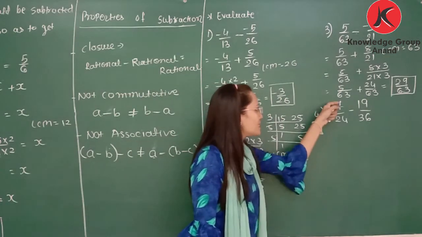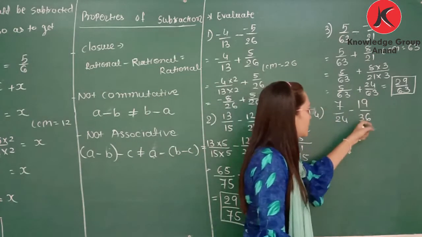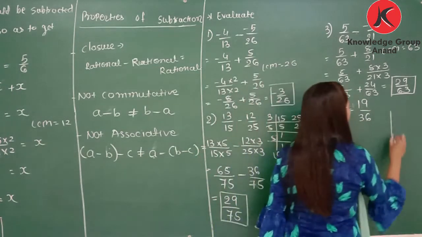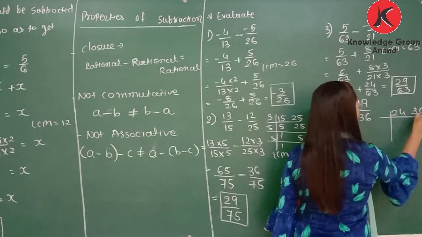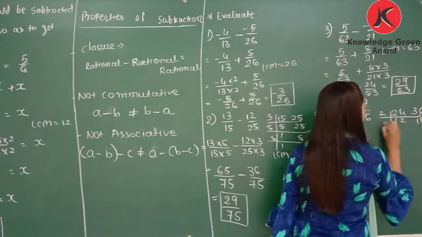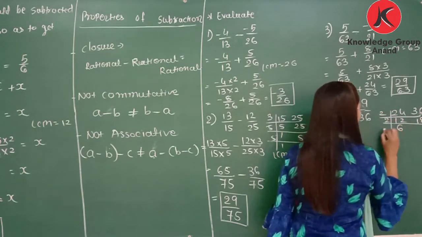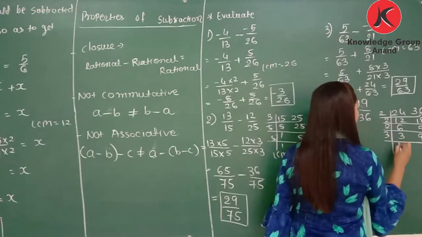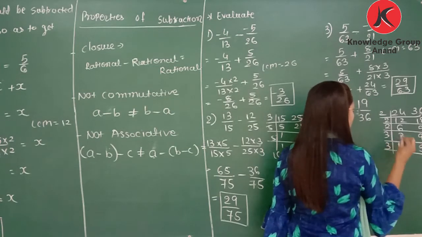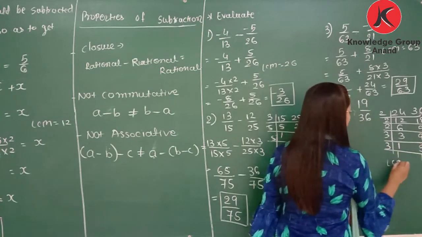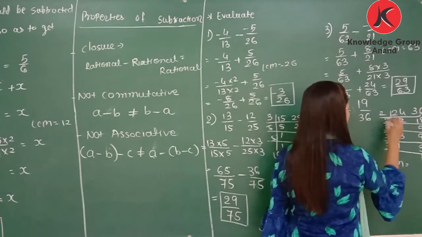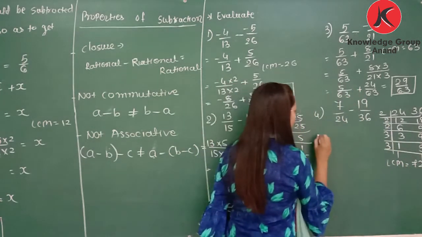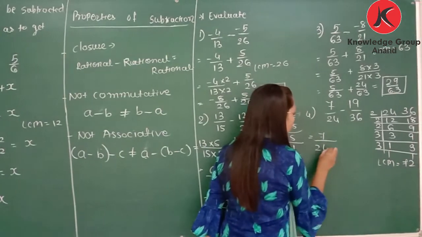Now the fourth one, 7 by 24 minus 19 by 36. Take the LCM of 24 and 36. 18 2s are 36, 2 6s are 12, 2 9s are 18, 2 3s are 6, 9 as it is, 3 1s are 3, 3 3s are 9, and so the LCM is 72. Now how can we get 24 as 72?